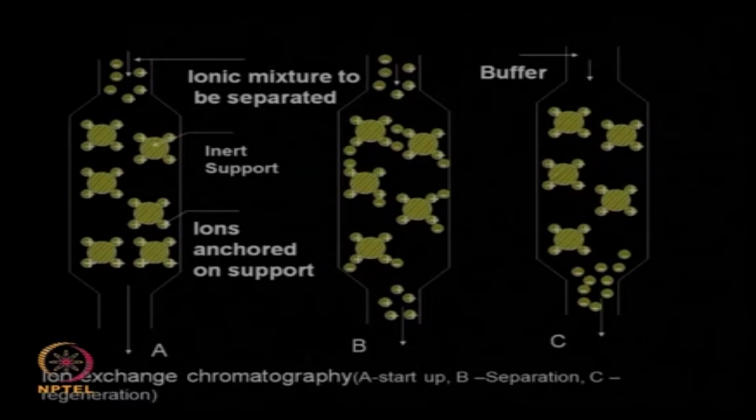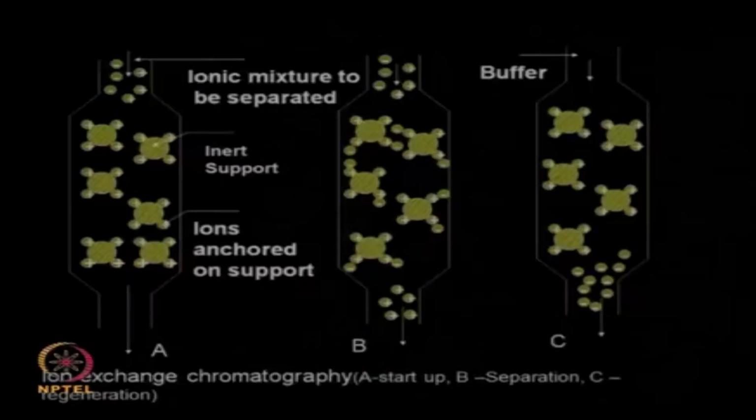That means such a chromatography, a combination of anion and cation exchange chromatography, can separate out all the salts from a protein. So if I have a salt precipitation using the salting out method, you are going to have salt and proteins. So what do you do? You pass it through an anion cation exchange chromatography, which will have both anions and cations anchored to the support, and these salts will be removed and only the pure protein will flow out.